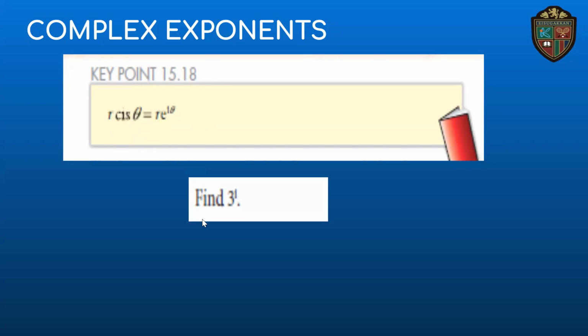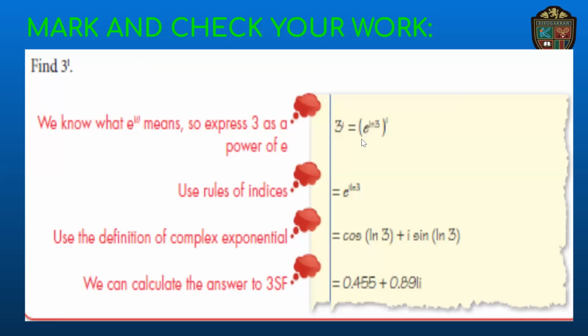Now, if we are asked to find 3 to the exponent of i, if you check the solution here, we express 3 as a power of e.